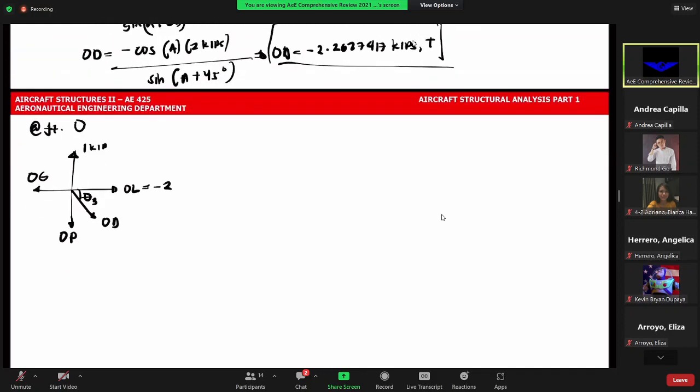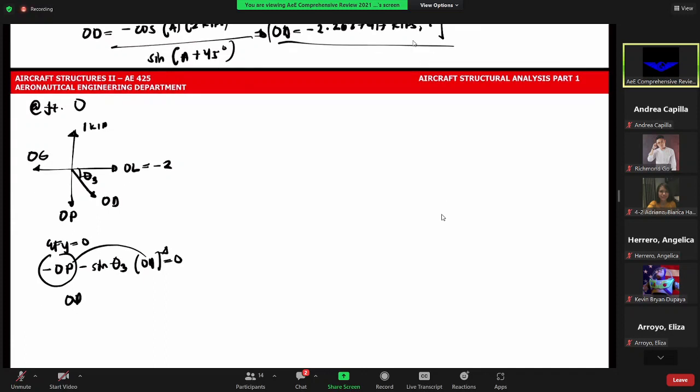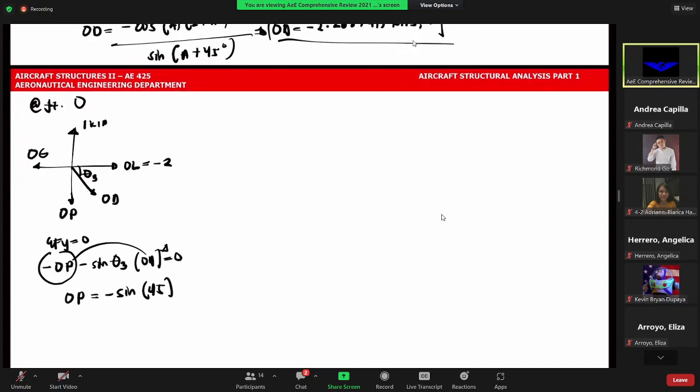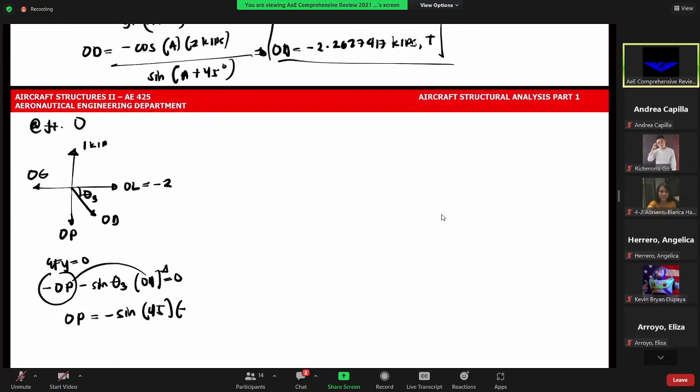So yun. Summation forces Y is equal to 0. Negative OP minus sine theta sub 3 OD is equal to 0. So transpose, no, OP is equal to negative sine 45. Tama? And then negative OD, ayan. So that is negative 2.2627417 kips.